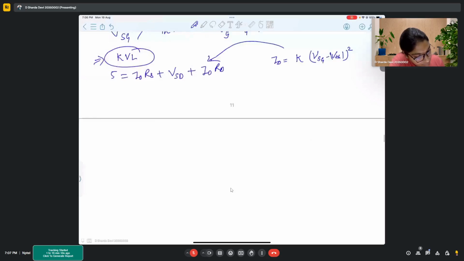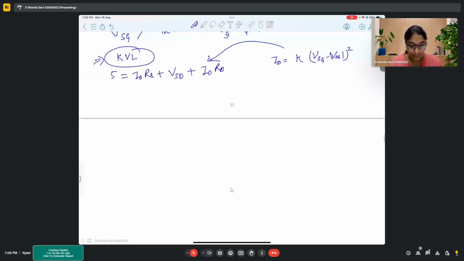So from here, VSG can be found out, like it is root under 124 by 3.83 plus 0.5. So this will give us VSG.